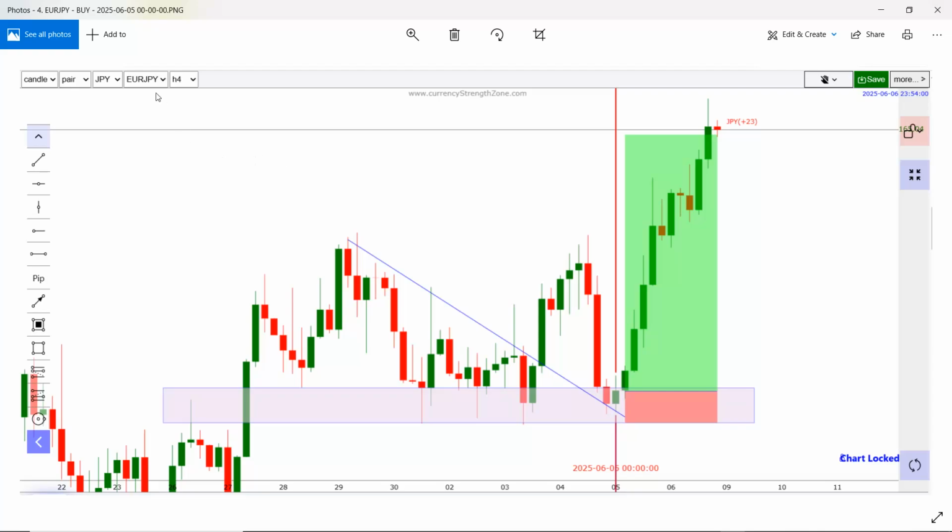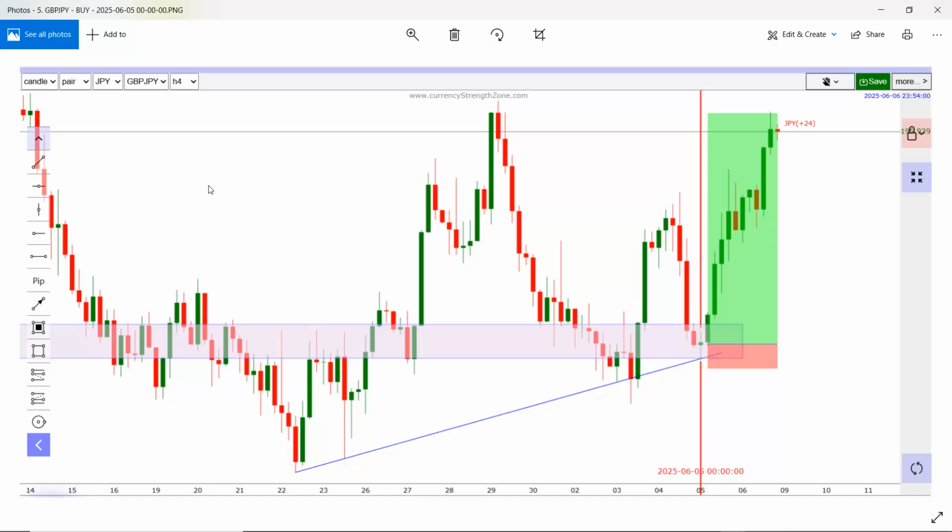So Euro JPY, this trade, how we got this trade. We are going to show you how you get this trade out of the Euro index and JPY index being in agreement.